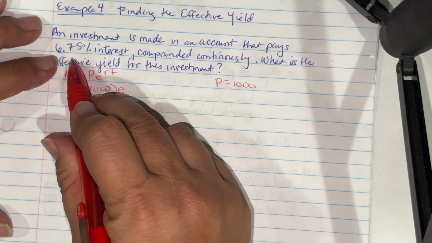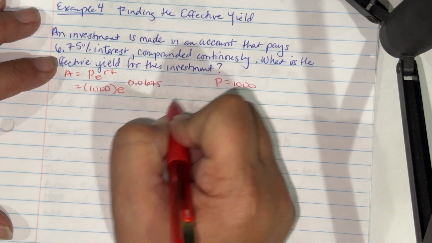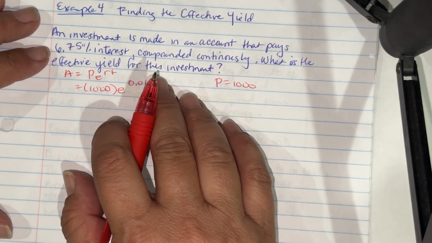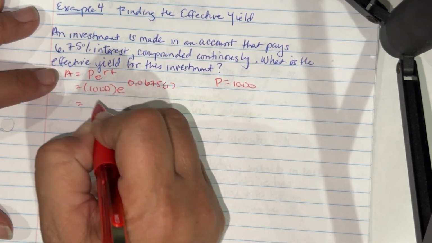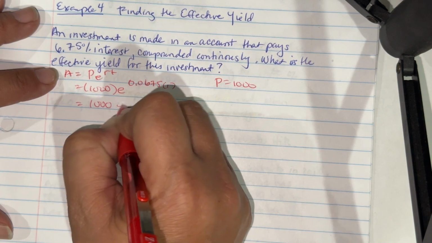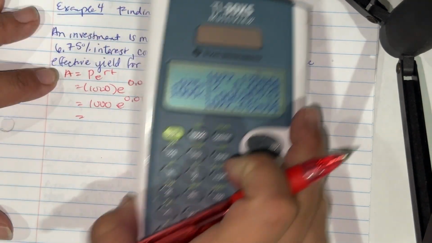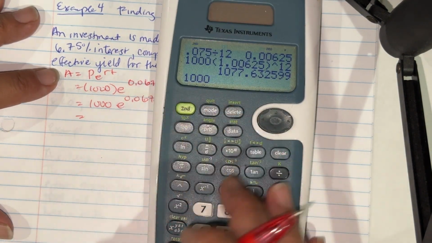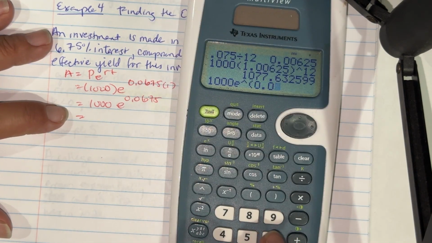They told you your rate is 6.75%, so it's 0.0675, and we're going to say the time frame is 1 year. So we get 1,000 e to the 0.0675.